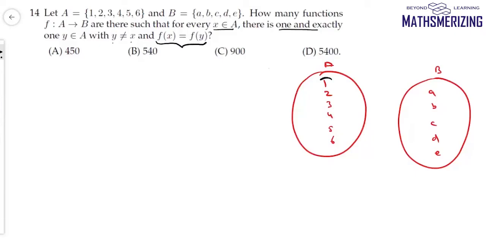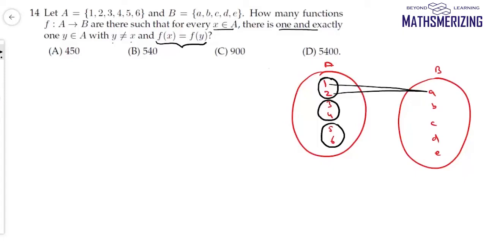So for these 6 elements, we need to form 3 pairs, and the 2 elements in a given pair must be mapped to the same element. That's how we can fulfill this condition that for every x, there is one and exactly one value of y.